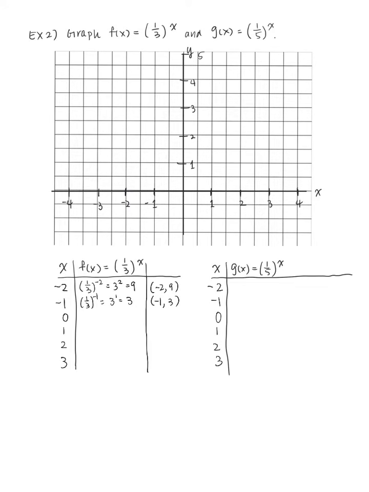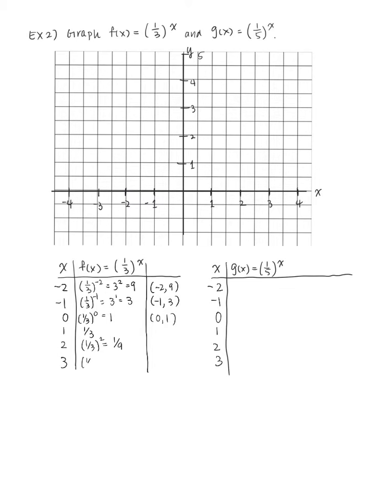When x is 0, we're going to have 1/3 to the 0. Anything to the 0th power is 1, provided that the base is not equal to 0. So here you're going to have 0, 1 again. Now let's go with when x is 1. Then we're going to have just 1/3. When x is 2, we're going to have 1/3 squared, which is 1/3 times 1/3, which is 1/9.